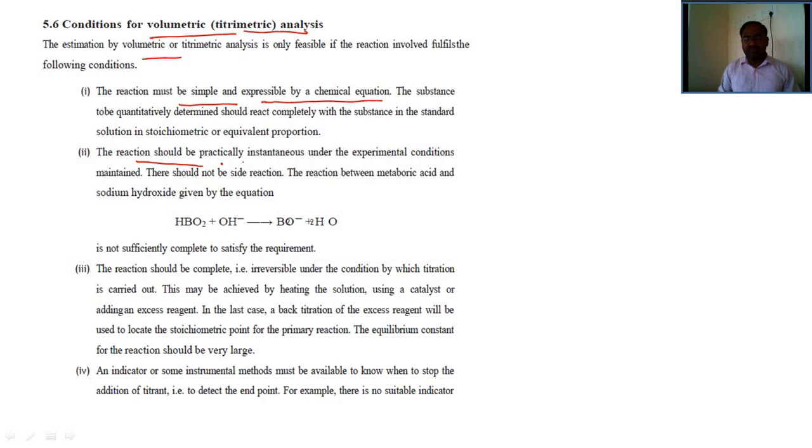The reaction should be practically instantaneous under the experimental conditions maintained. The reaction should be complete, that is irreversible, under the conditions in which titration is carried out. An indicator or some instrumental method must be available to know when to stop the addition of titrant, to detect the endpoint.